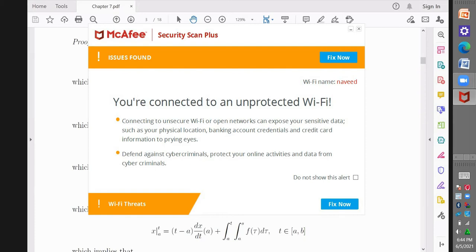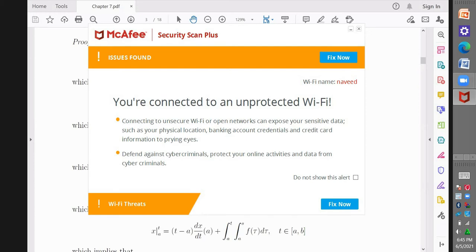Now integrate this from a to t. So you can see when you integrate this first derivative, this is just x, with limits of integration from a to t, and this is dx over dt at a, so this is just a constant.